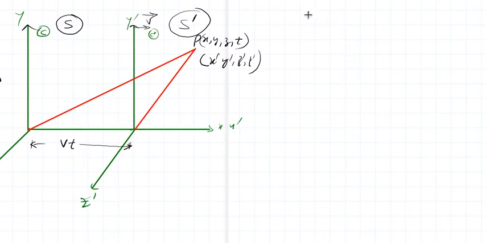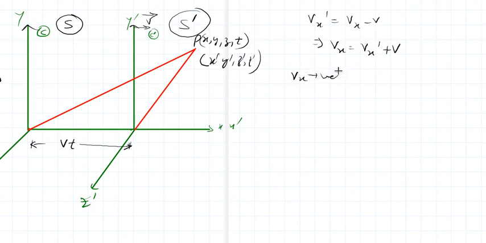As I know that Vx prime is equal to Vx minus v, from here I can write down Vx is equal to Vx prime plus v. What is Vx?